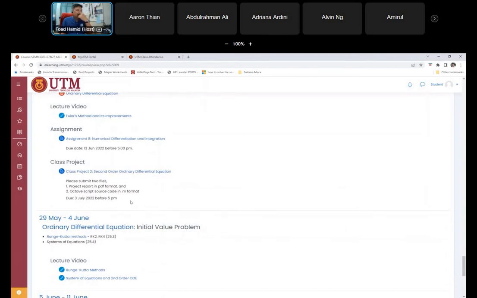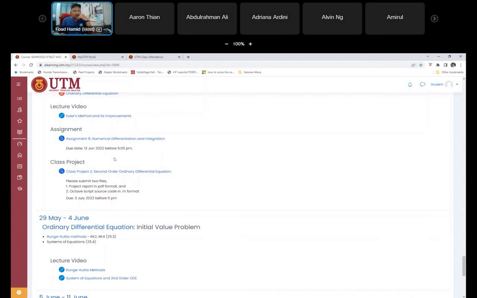Tapi bila saya check log record dia, pukul 4.55 tu dia log in kat sistem. Tapi dia kata internet dia bermasalah. Saya pun tak faham macam mana internet dia bermasalah. Tapi log record dia menunjukkan dia masuk dalam e-learning masa yang dikatakan bermasalah tu. So again, saya kata janganlah make excuses. Alright, so that's it for the project.